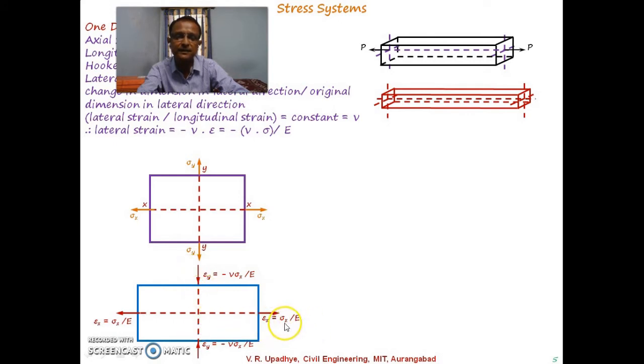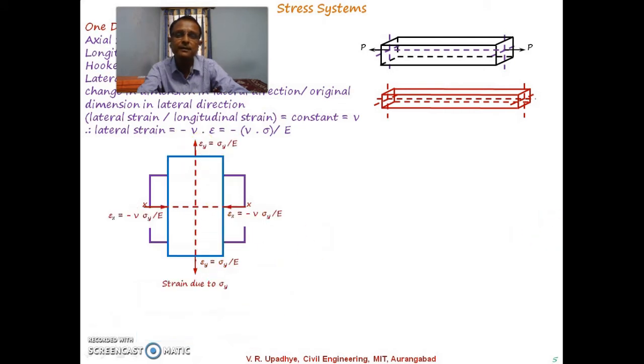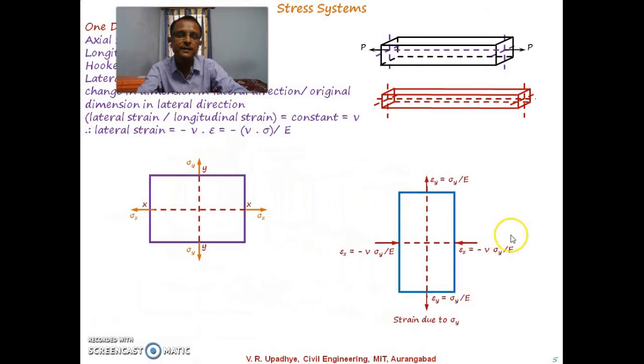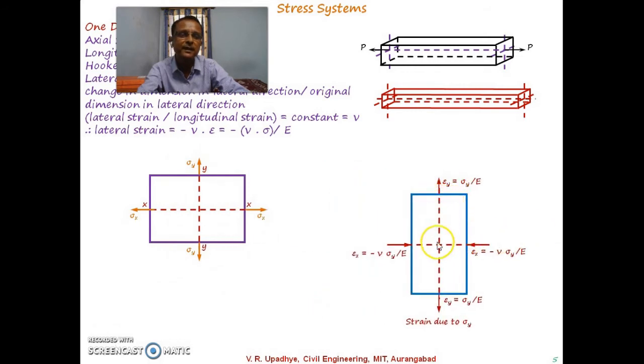So if I am considering sigma x only, due to sigma x there will be elongation along the x-axis and compression along the y-axis. That strain is lateral strain. Suppose only sigma y is acting, then there will be elongation along the y-axis and compression along the x-axis.